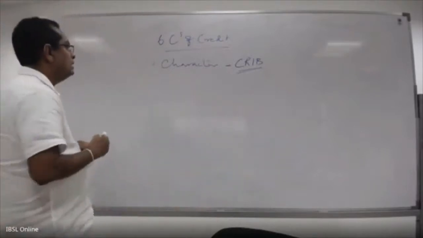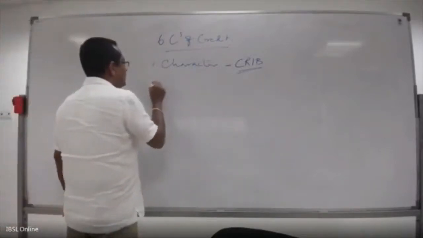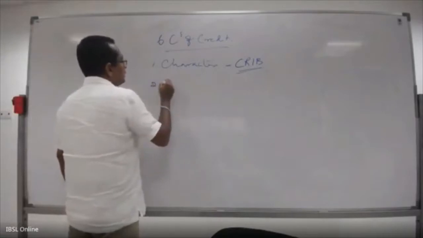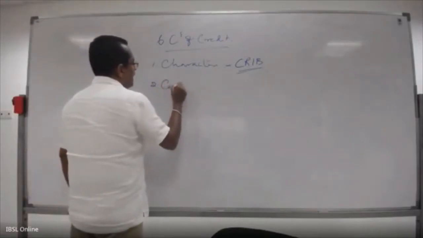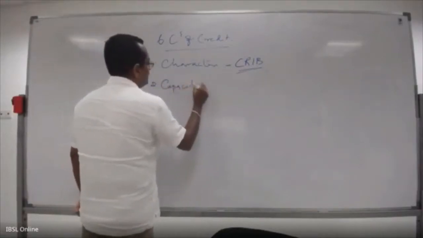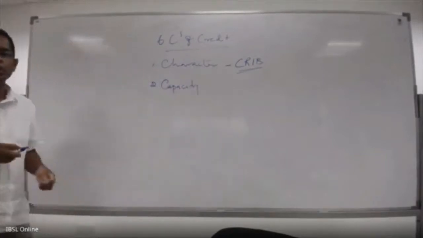Second one is capacity, ability to pay, right?